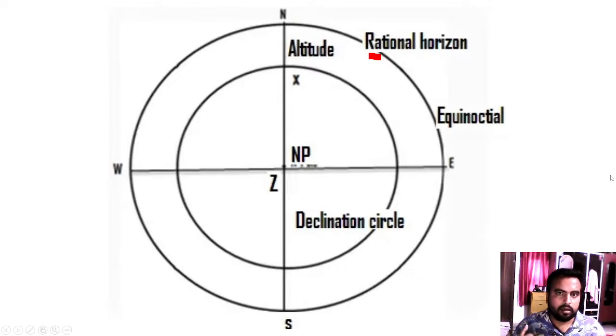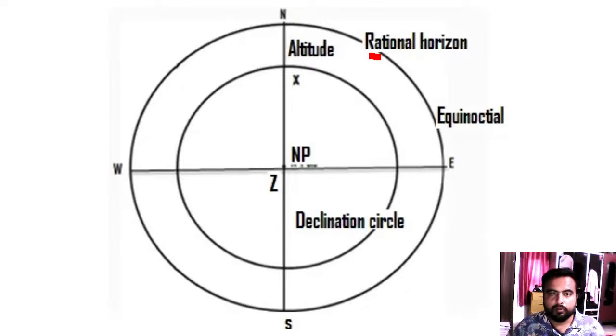Zenith is the position on top of the observer, and another is the position down below the observer. These are all the things in the celestial sphere. Then there is the rational horizon, which is the rational horizon of a person.